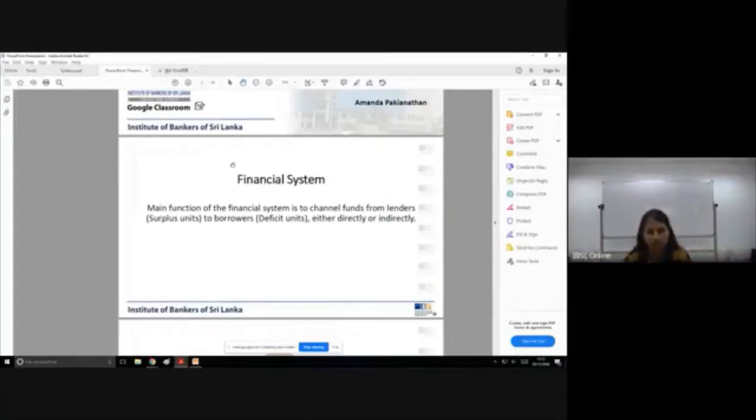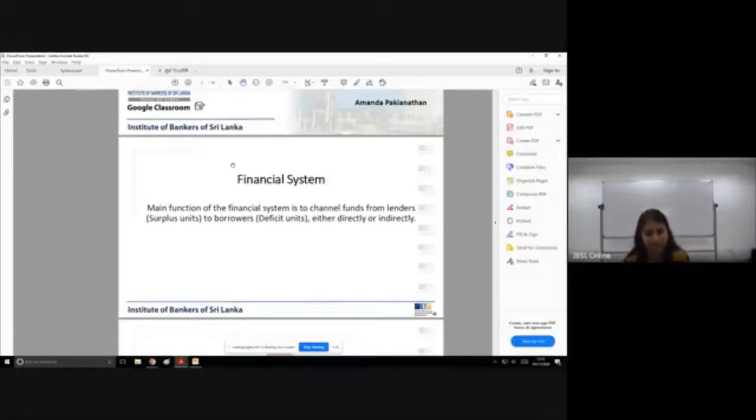Why do you need the financial system, or what does it basically do? It ensures that through financial intermediation from the surplus unit to the deficit unit, funds are moved efficiently and effectively.